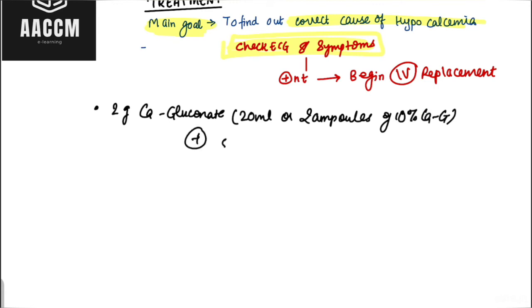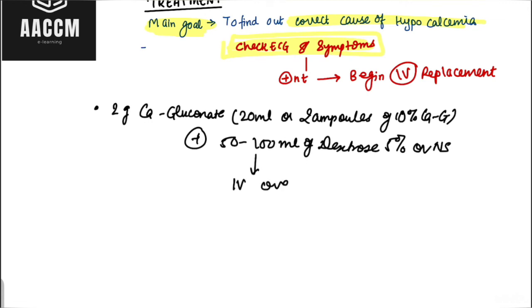You have to mix this with 50 to 100 ml of dextrose 5% or NS. Give it IV over 10 to 15 minutes. One thing we have to see like this.